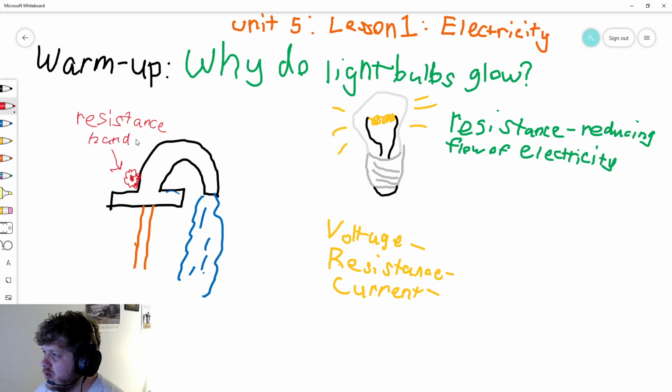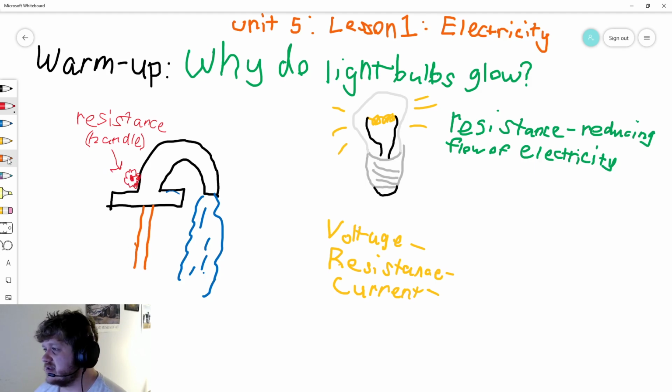Basically, if you have the handle all the way off, you have really high resistance, and really low resistance when it's in the on position. So the resistance reduces as you turn your water on more and more.